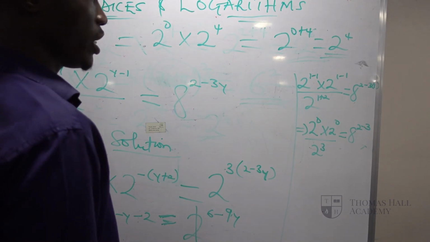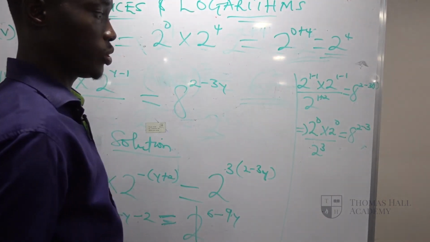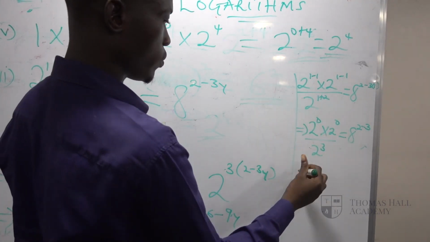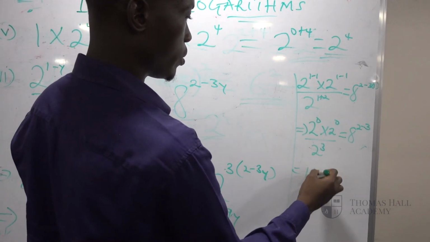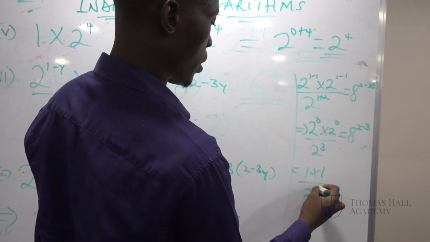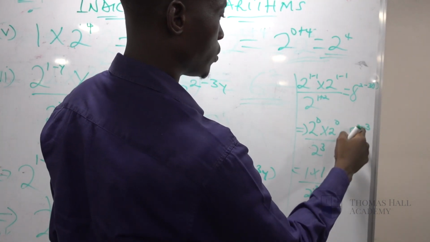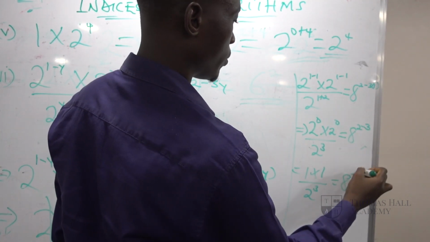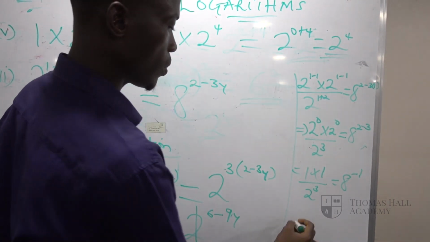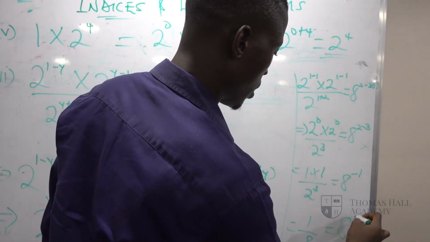We are trying to check if our left-hand side of the equation is equal to the right-hand side of the equation. 2 raised to the power 0 gives us 1 times 1, 2 raised to the power 0 gives us 1, all over 2 raised to the power 3. Let's see if it is equal to 8. 2 minus 3 will give us minus 1. So 1 over 8 is equal to 8 raised to the power minus 1.